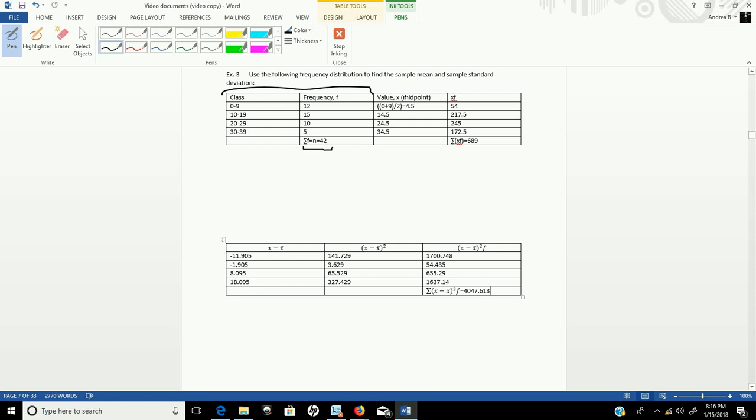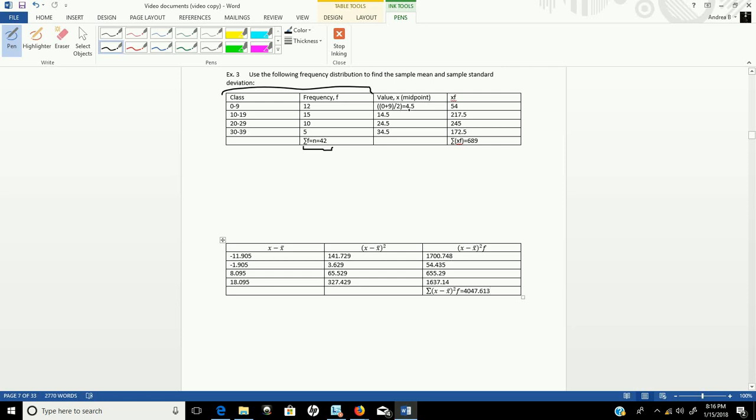So for our values in this case, instead of listing out all 42 values and having to do the stuff like we did in example 1, for 42 numbers instead of just 4 or 5 numbers, we're doing it this way. It'll be a much shorter process. And then we do the x times f here, where x are our midpoints, times the frequencies.